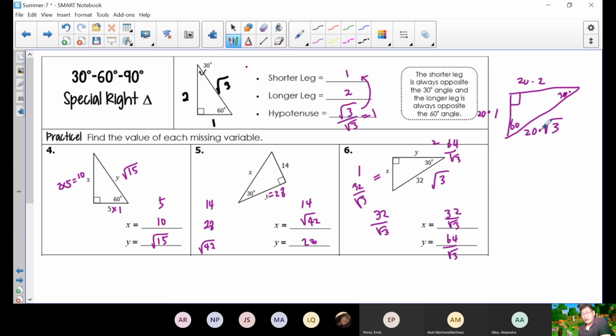So 20, 40, 20 root 3. The ratio is whatever the number comes. If I have a 4 here, this is 8, because 4 times 1, 4 times 2, 4 times root 3. Okay, that's a special triangle.